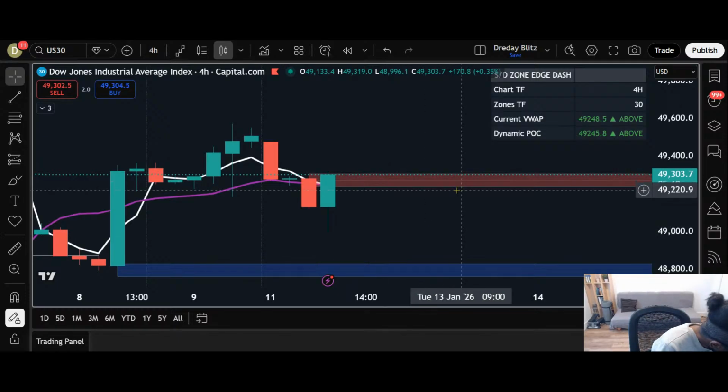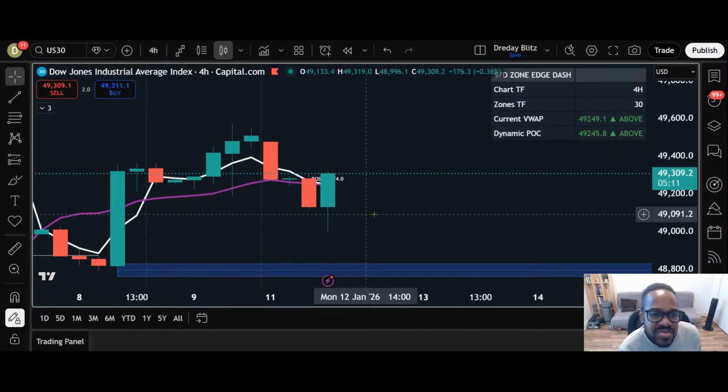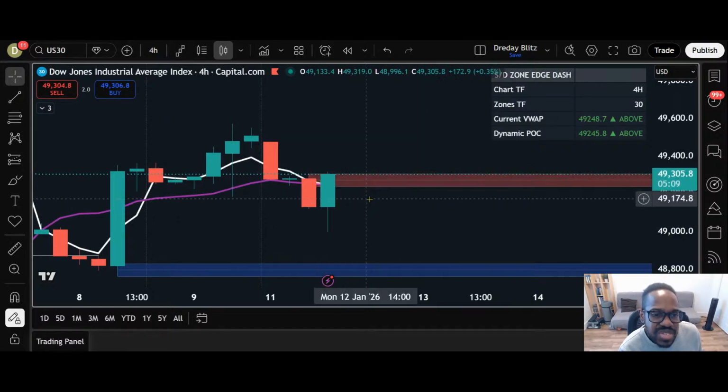So we still have 6 minutes left before that candle will close. So you see that we're trying to break that zone.